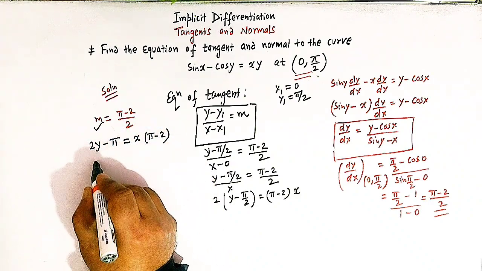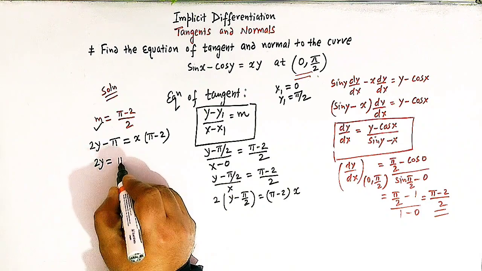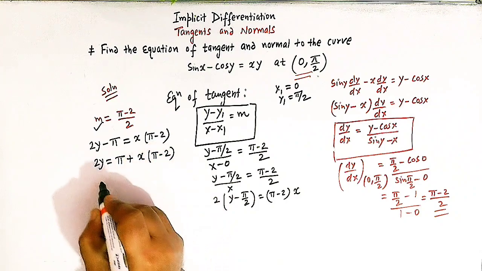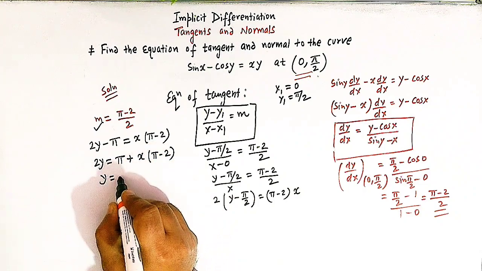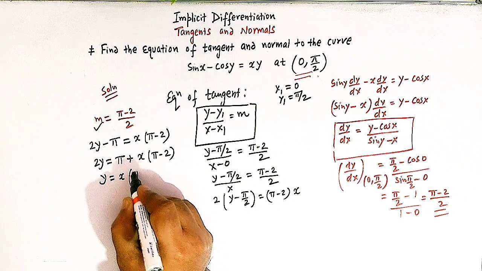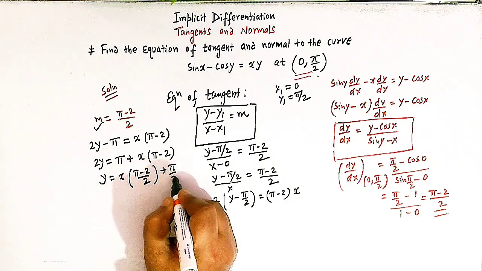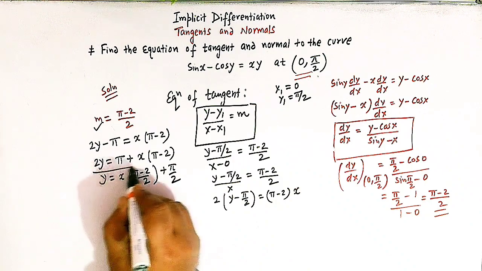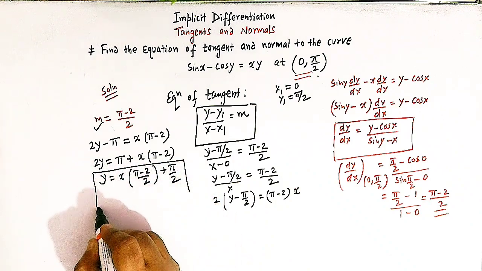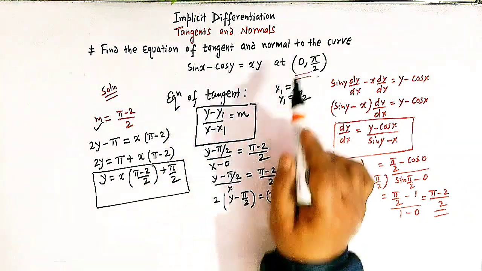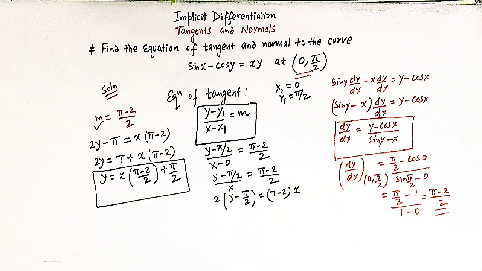So we can also write it as 2y is equal to pi plus x times pi minus 2, that is y is equal to x times pi minus 2 over 2 plus pi over 2, right? So this is the equation of tangent to this curve at this point 0 comma pi by 2.